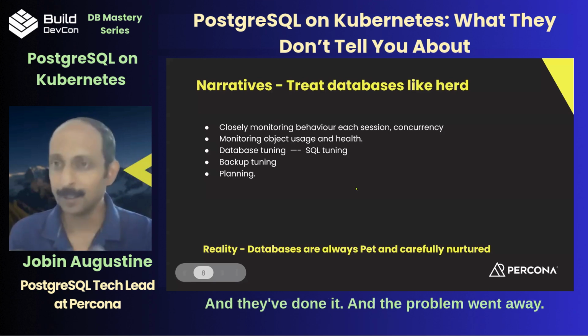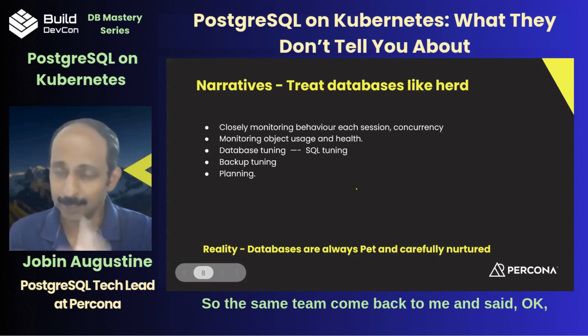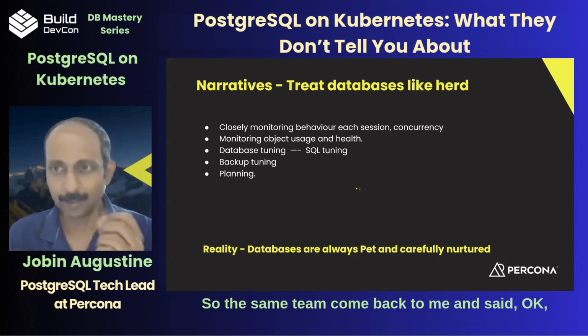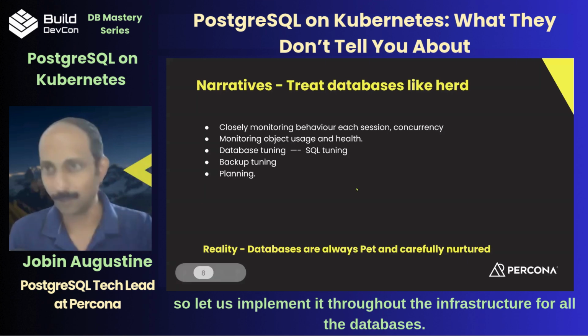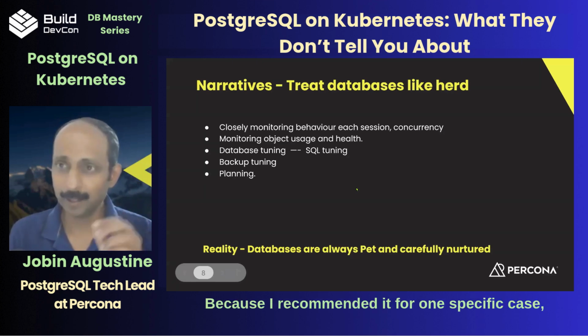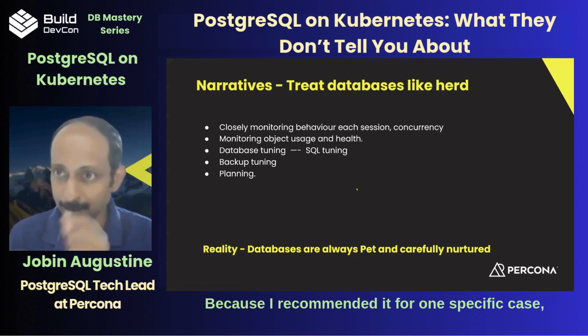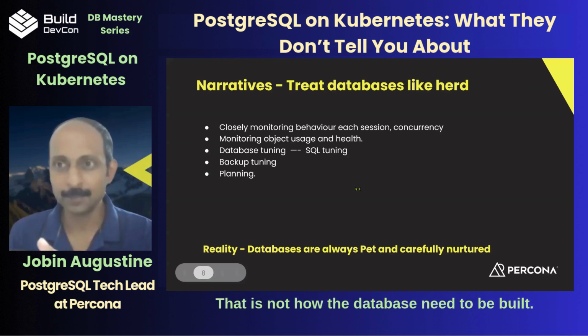And they did it, and the problem went away. So the same team came back to me and said, okay, let us implement it throughout the infrastructure for all the databases. That got me into surprise, because I recommended it for one specific case, but they are thinking about the entire infrastructure. That is not how the database needs to be built.